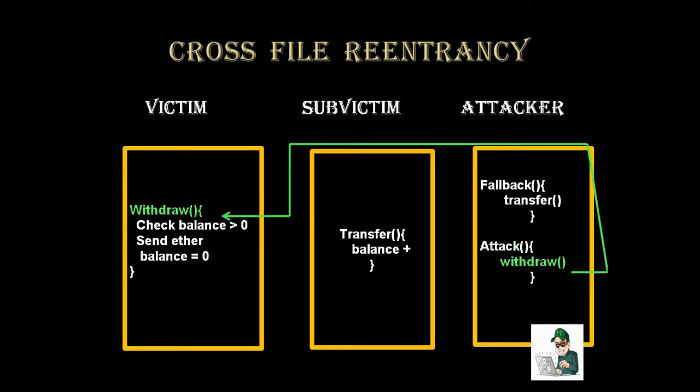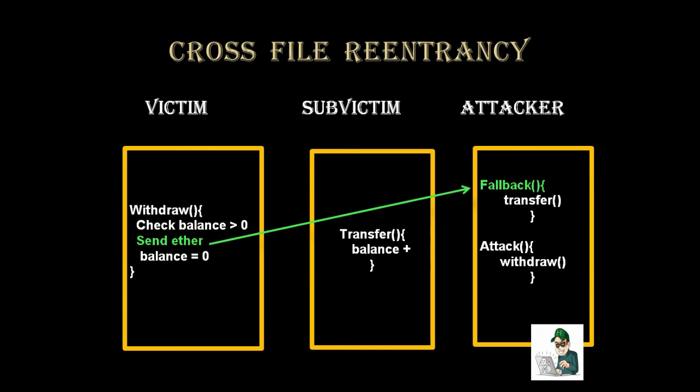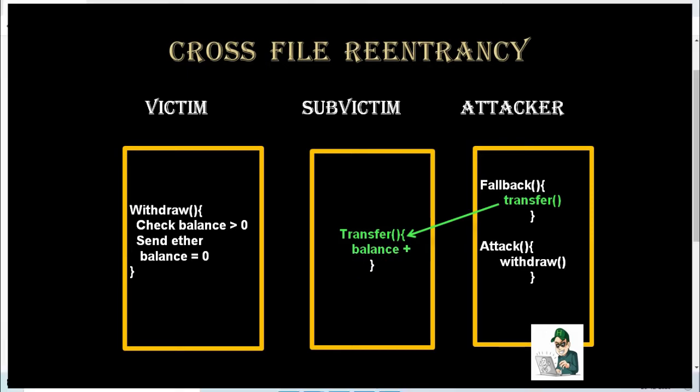It calls the withdraw function inside victim contract, and checking balance, sending ether, all the process is the same. It triggers the fallback function in attacker contract. The fallback function calls the transfer function of sub-victim contract and the balance will increase. I will show you the demonstration of this in Remix.